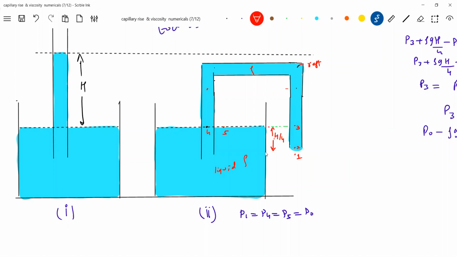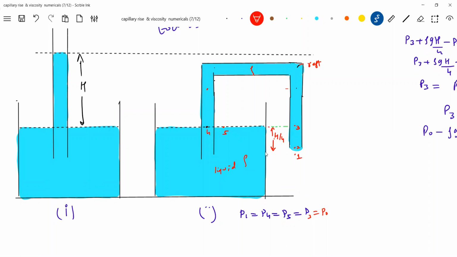Pressure at 3 should also be equal to P naught. Pressure at 1, 4, 5 and 3 should be equal to P naught.